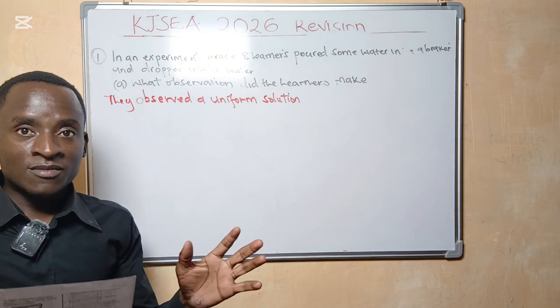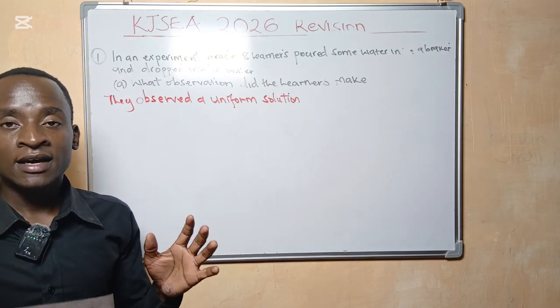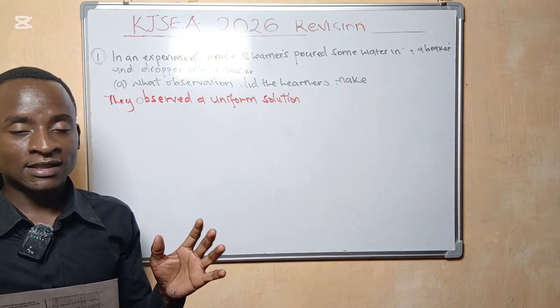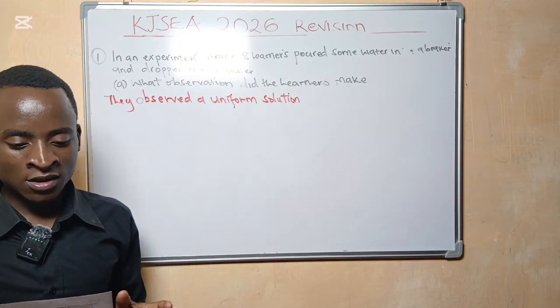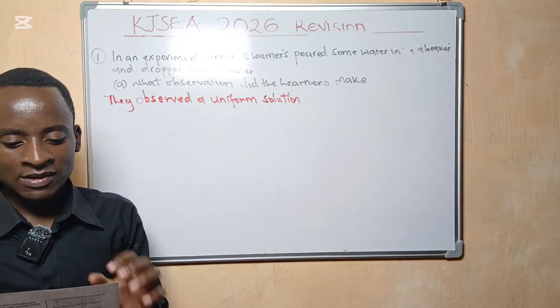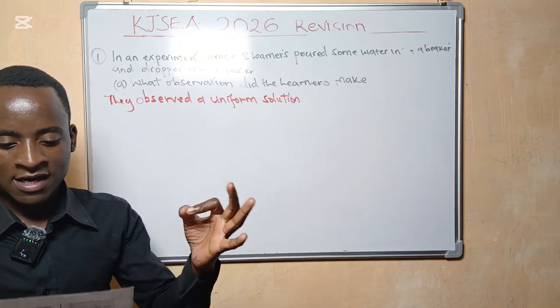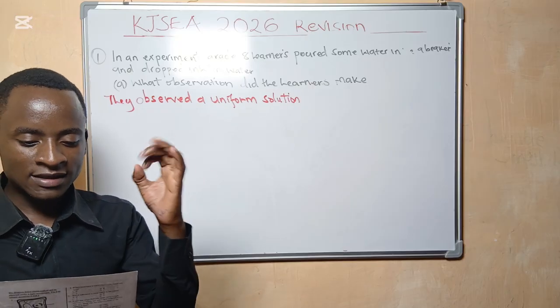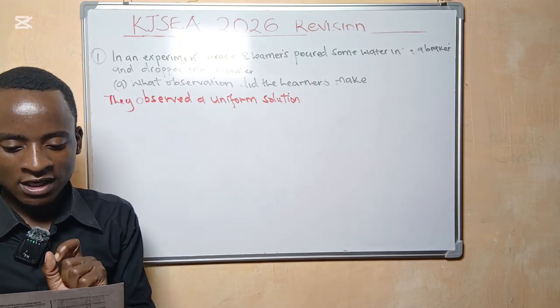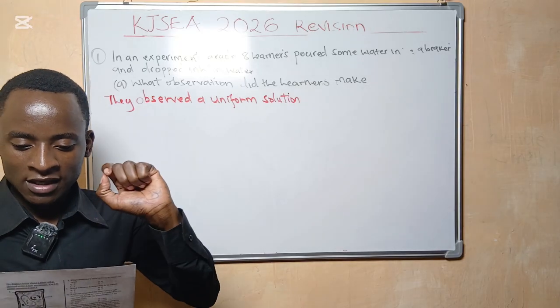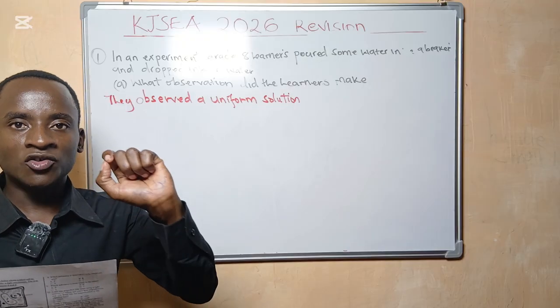So, this is an experiment that was being done in the laboratory. In an experiment, grade 8 learners poured some water in a beaker and dropped ink in the water.